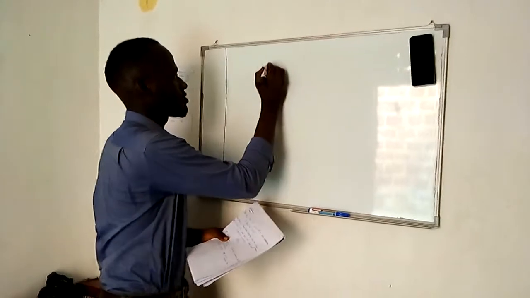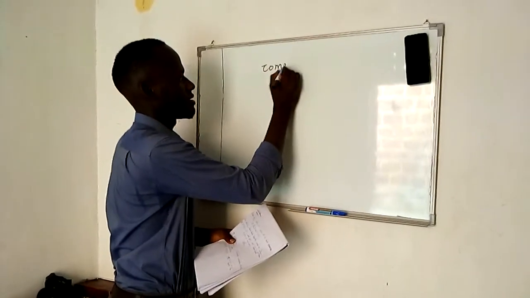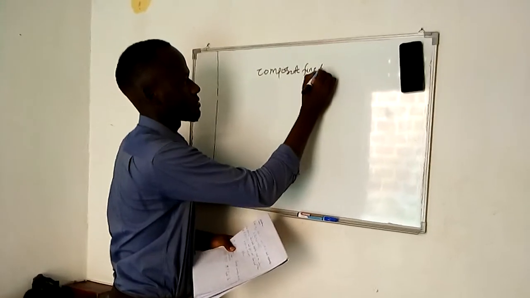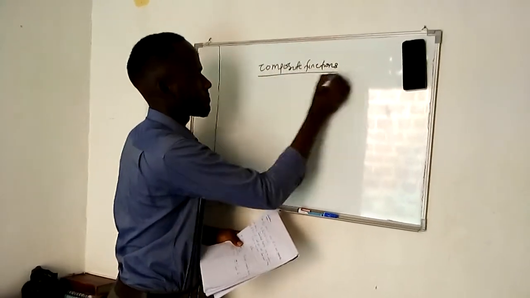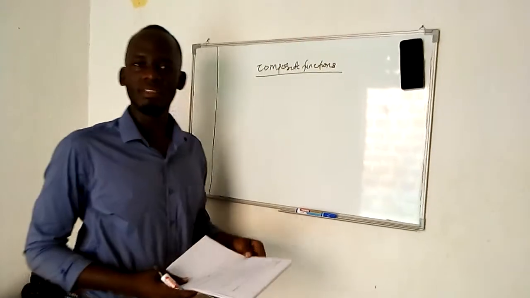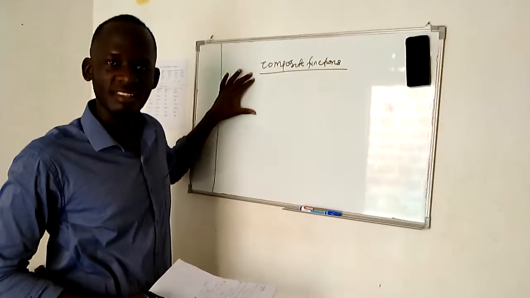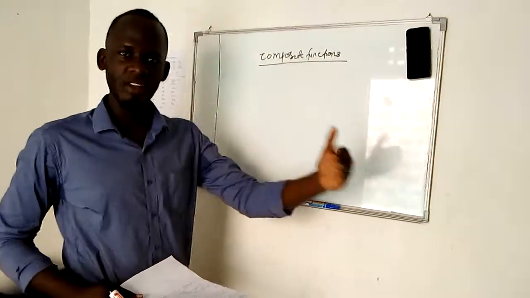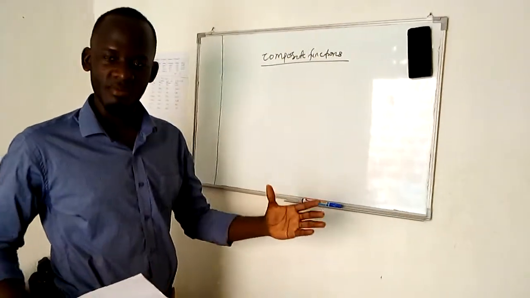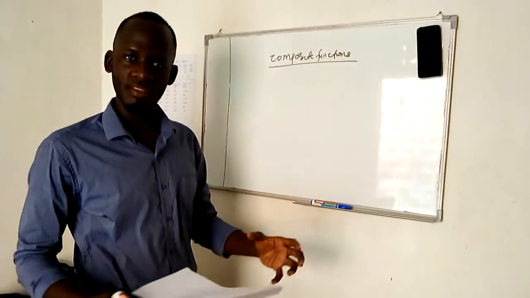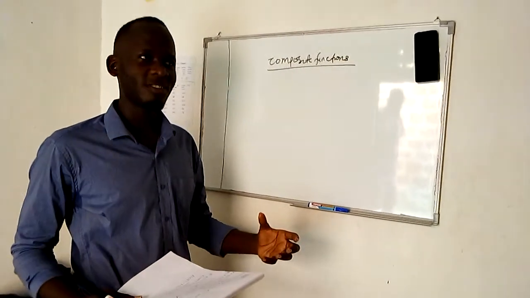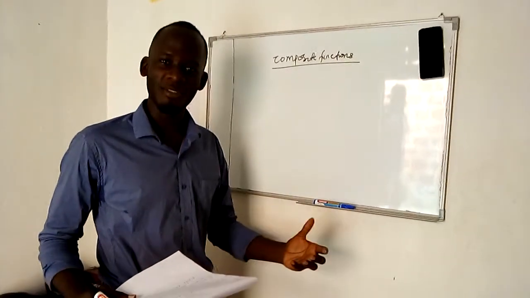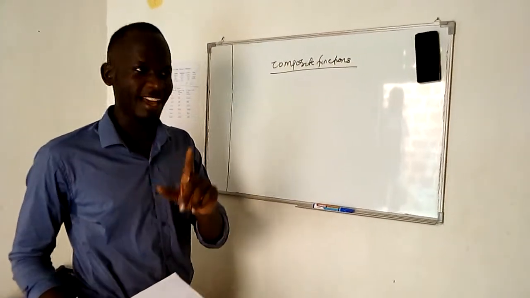So we shall have what you call composite functions. I will explain it in simple words. A composite function is like when a wife and husband marry, they become one, they are joined. A composite function is basically a combination of one function with another function, like the example I have used.